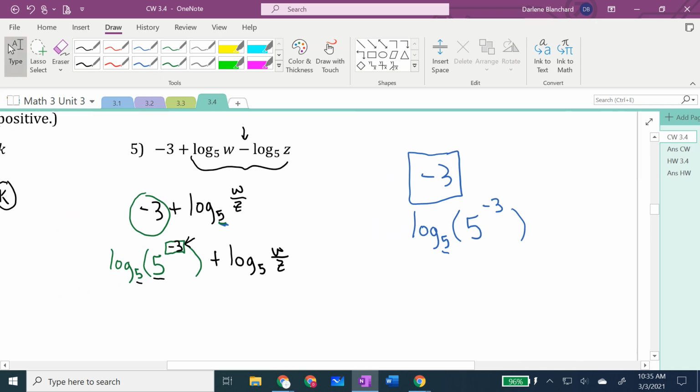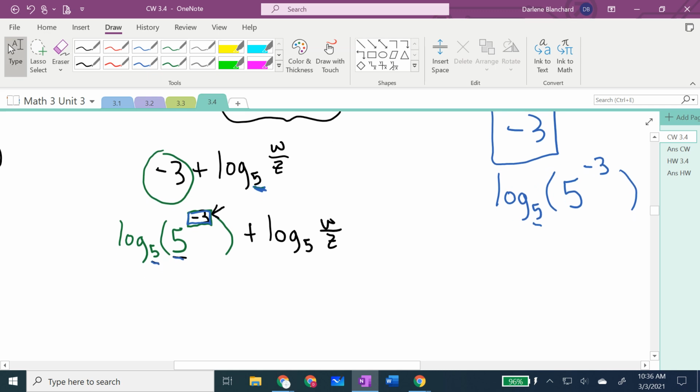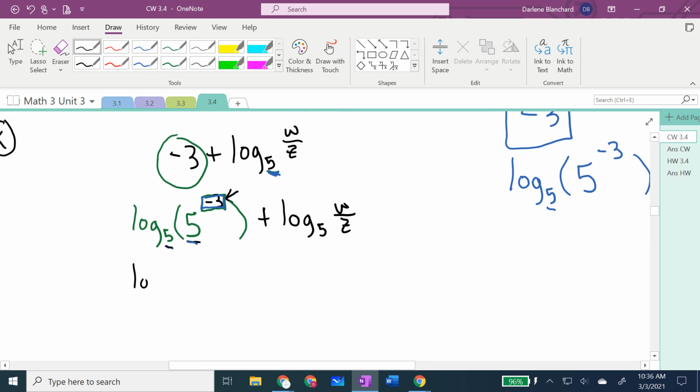And so then as we look back over here, this becomes an exponent where you're using the base that you need it to match with for your logarithm and the exponential. Now, before I bring this together with the addition, I want to look at what's in this logarithm first. I'm going to rewrite it. I have log base 5 of 5 to the -3 power.